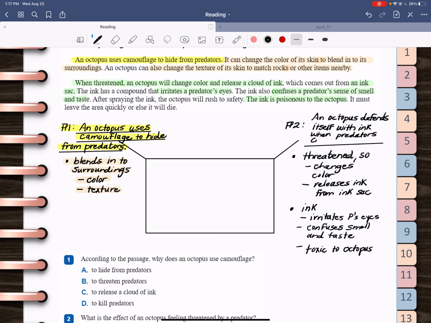So if the camouflage doesn't work and the predator sees the octopus, then the octopus has to defend itself with this ink. And this set of details is all about the ink, not the camouflage.